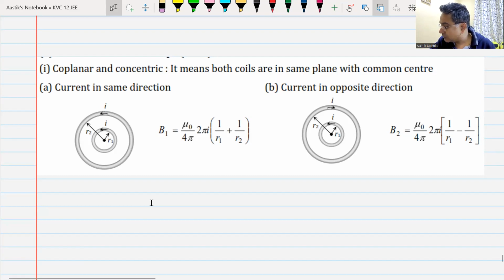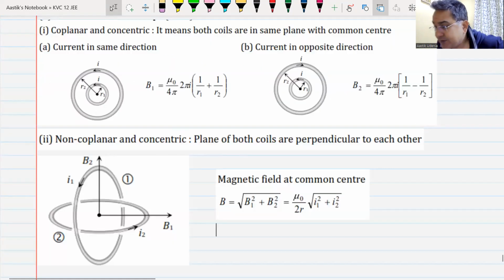So I'm trying to put both the results together so that you can compare them and note them. Everyone understands this one?